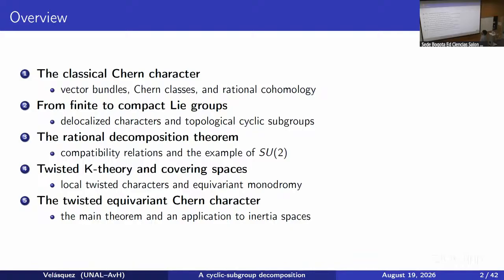Then the rational decomposition theorem and some examples, for this group U(2). Then how to extend this decomposition to twisted K-theory using covering spaces. And finally, the twisted equivariant Chern character that we have constructed, the main theorem, and some applications to inertia spaces.